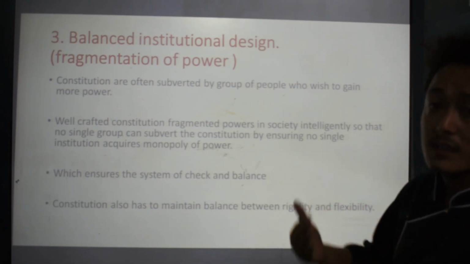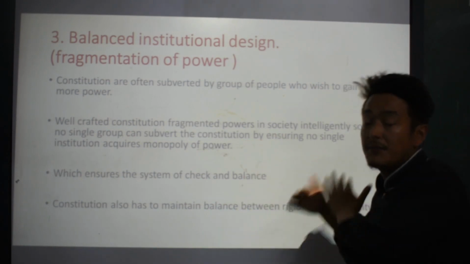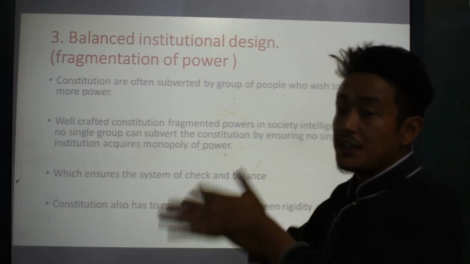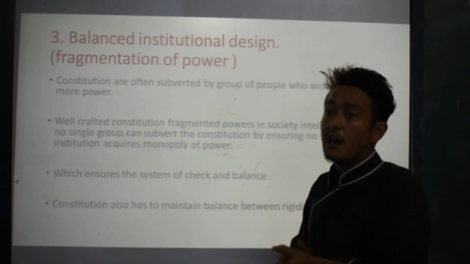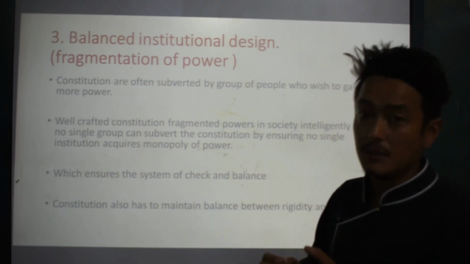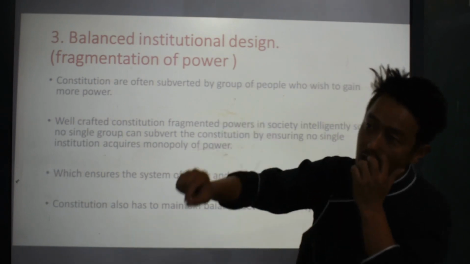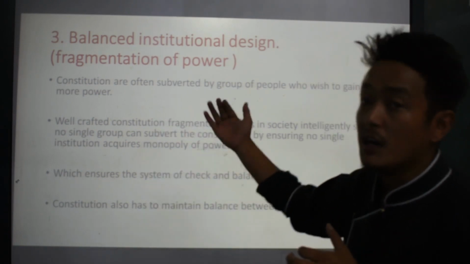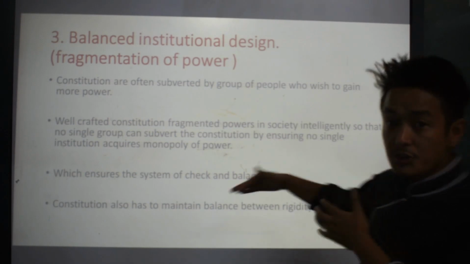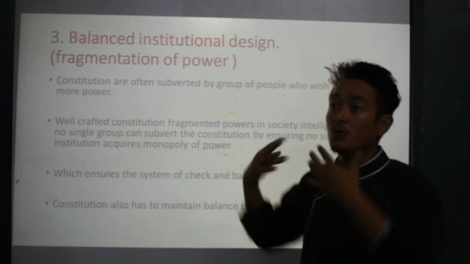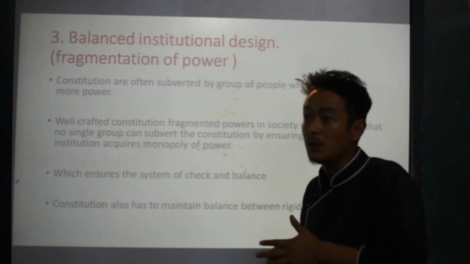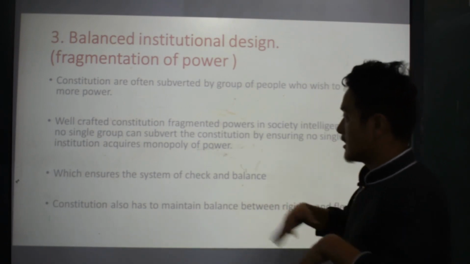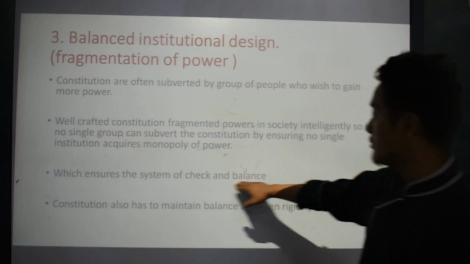Their constitutions are well crafted because they have intelligently fragmented the power between the institutions and within the institutions, and made sure to have a system of check and balance. If one institution tries to cross certain limits, the other institution has enough power to check it, in order to avoid a monopoly of power. A well fragmented distribution of power between institutions ensures the system of check and balance.